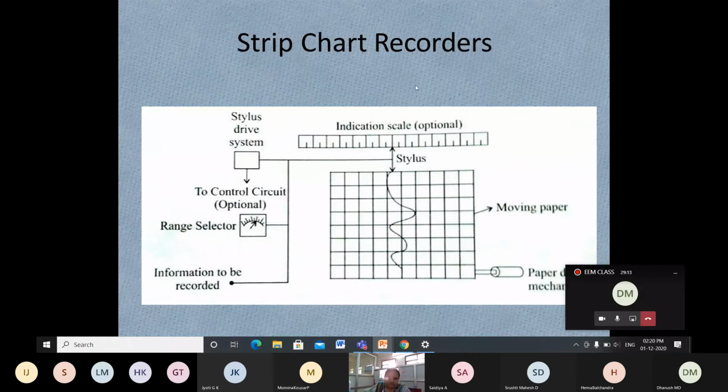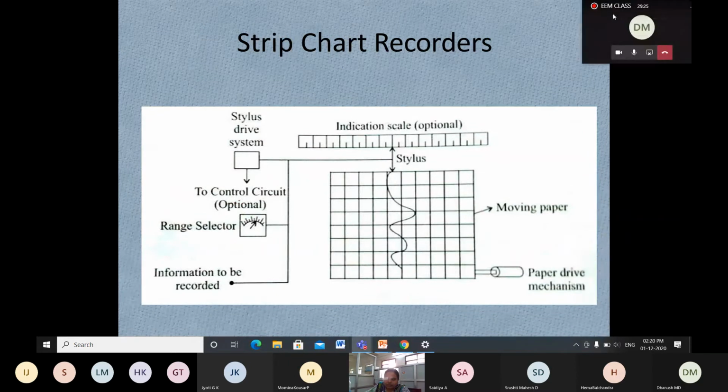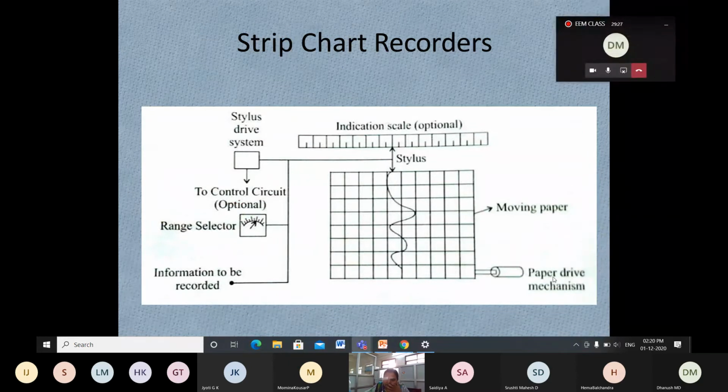This is a strip chart recording, simply where a moving paper is there. Based on the motor, it is connected here. The paper drive machine is like a servo motor that we prefer. It is simple and we can easily fix it, right?